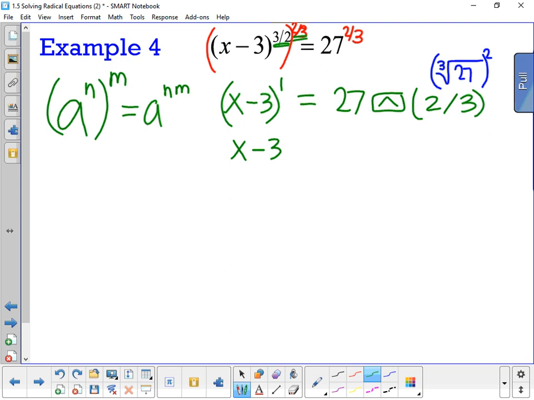Some calculators need that, some of them don't. It's probably a good idea to just do it. They're all different, but this is how I would type it in. And if you do type that in on your calculator, you should get that that is equal to 9. So we're almost finished. x minus 3 is equal to 9, so if we add 3, we get x is equal to 12.